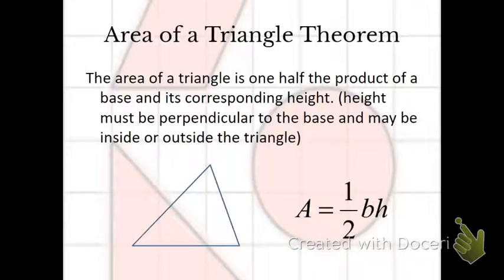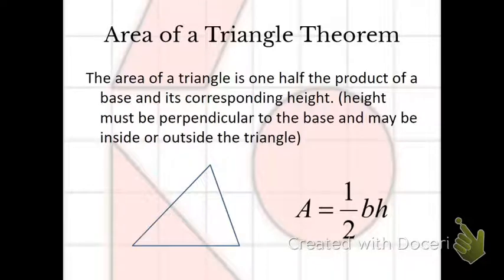All right, the area of a triangle is 1/2 the product of the base and its corresponding height. Again, height must be perpendicular to the base. Sometimes it will occur inside, sometimes it will occur outside. Technically, it could even be part of the triangle if it's a right triangle. So that's a special situation we might see.